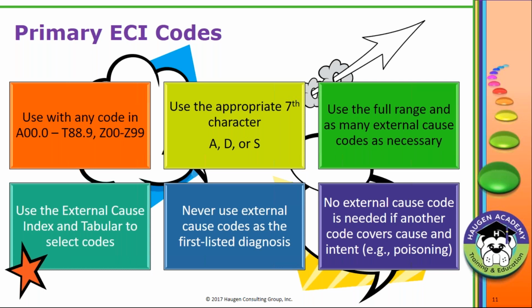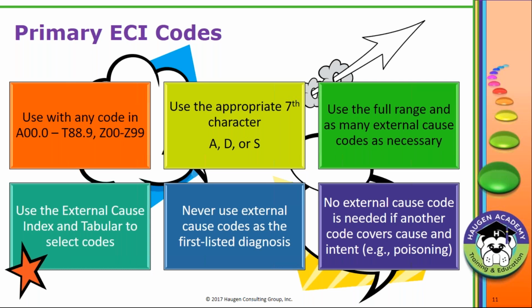I mean, we all know that coding begins with the index and ends once you look that up in the tabular. But don't forget that the ECI index is separate from the main PCS, or sorry, wow, I went to PCS. We're not doing PCS today. The ICD-10-CM index of injuries.